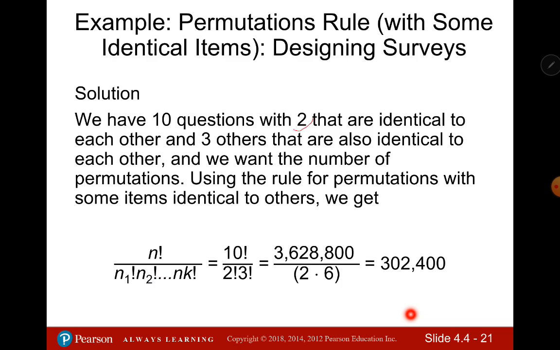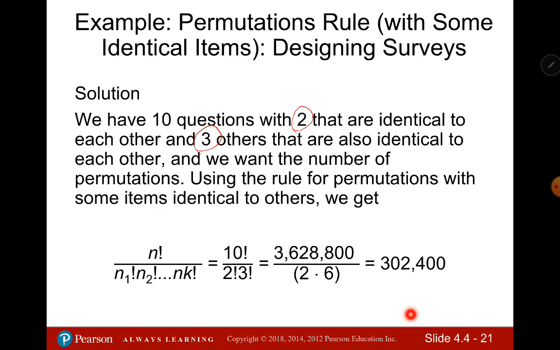Here we know 2 items are identical to each other, so n1 is 2. We also have 3 other items that are identical, so n2 is 3 factorial. Do we have n3? No, because the question didn't mention another set of identical items, so we only have n1 and n2.